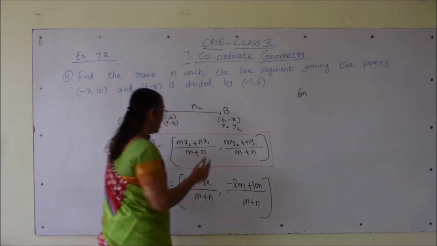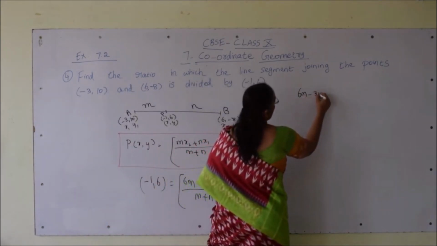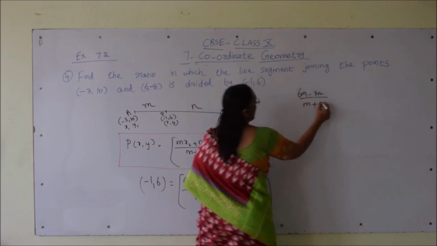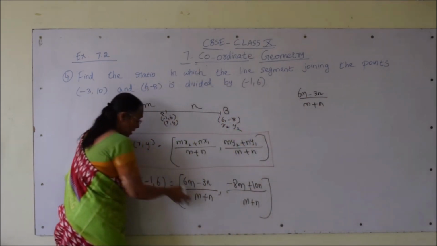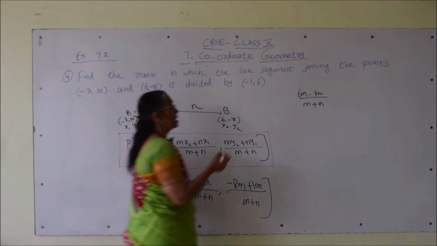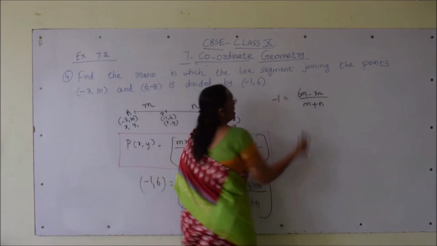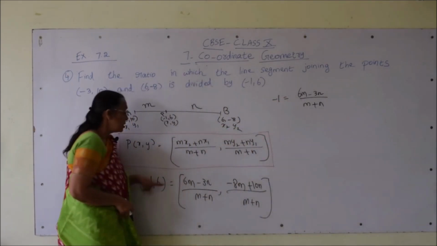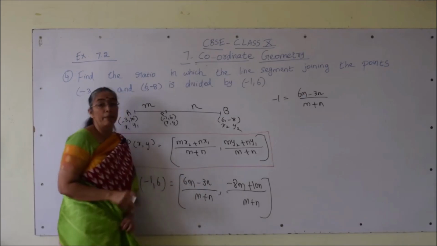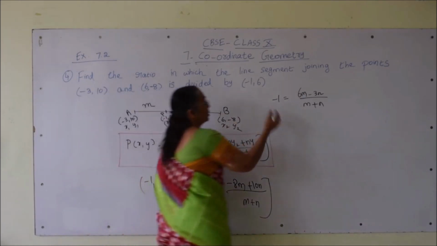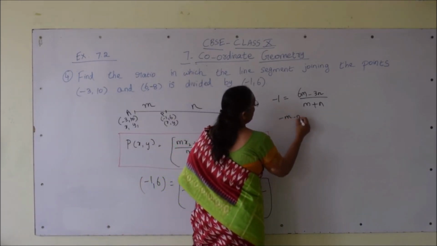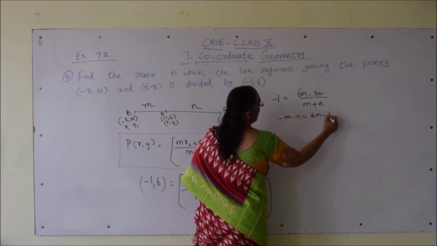Let me equate the abscissa: the abscissa is minus 1. So minus 1 equals (6m minus 3n) divided by (m plus n). Cross multiplication: minus m minus n is 6m minus 3n.